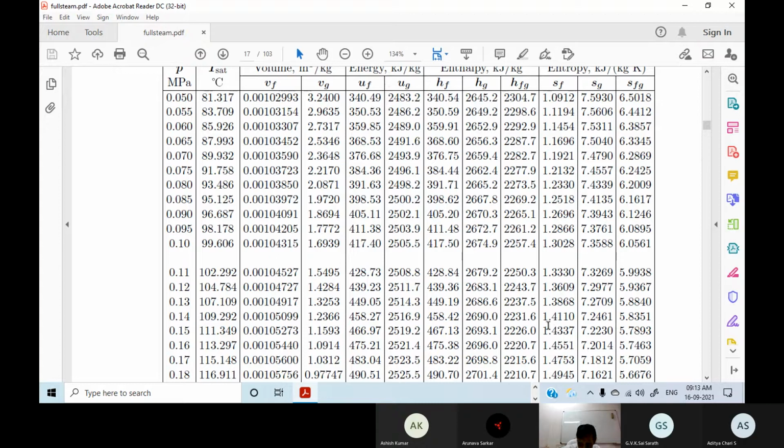For pure saturated liquid, this is the value. For pure saturated vapor, this is the value. If you heat it further, it becomes superheated steam, and then the specific entropy would be higher than this. Now our value is 6.9683, which is less than 7.2230, which means the steam at exit, assuming isentropic expansion, would be in the saturation region, a mixture of liquid and vapor with a quality such that the entropy is the same as what it was at inlet.